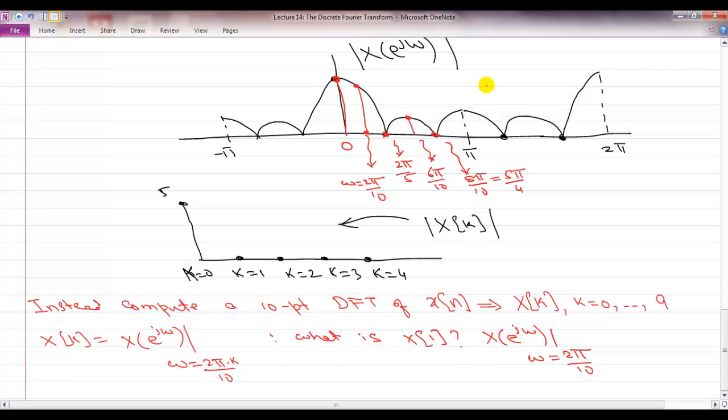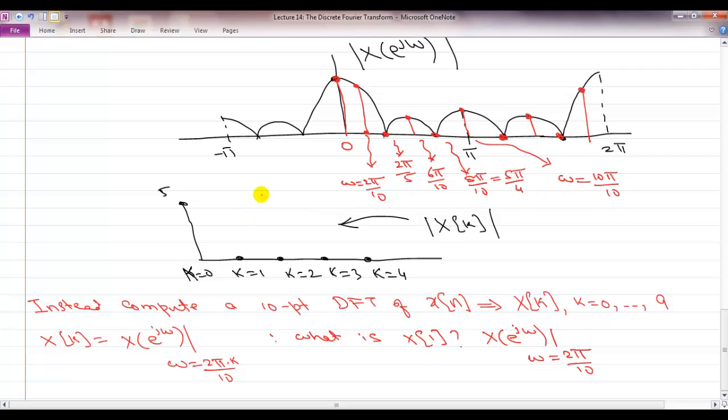Okay. And then what is the next sample that you will get? You will get a next sample at this location, at pi. Right? This point is little omega equal to 10 pi by 10. And then the next sample will be 0, the next sample will be here, the next sample will be 0, and then the next sample will be here.